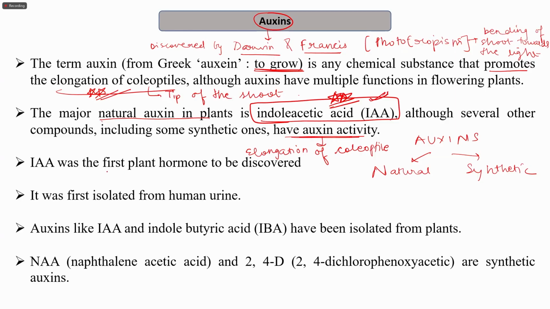IAA was the first plant hormone to be discovered, and it was first isolated from human urine by A.W. Wien.